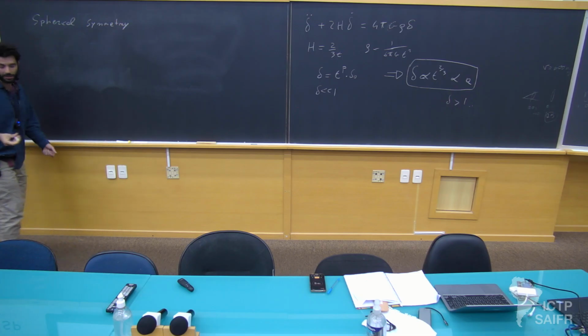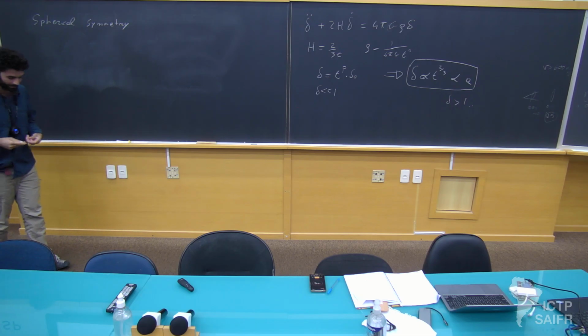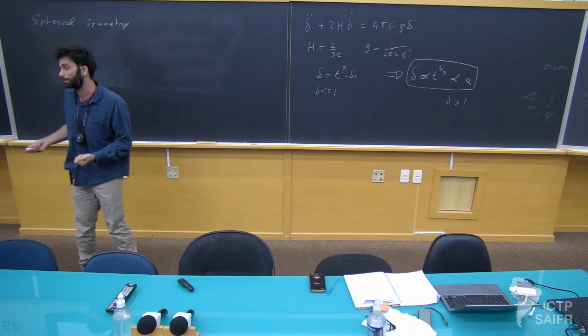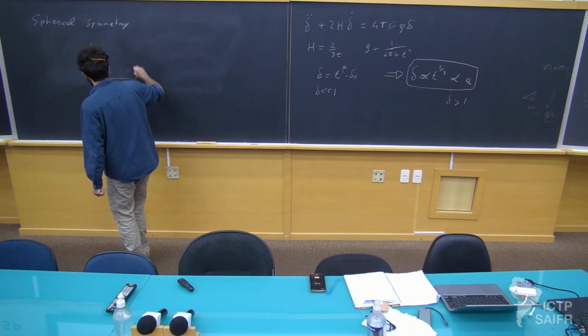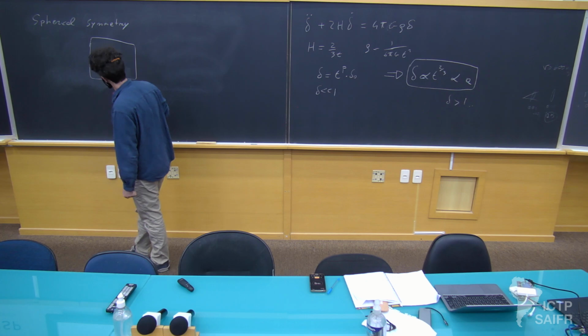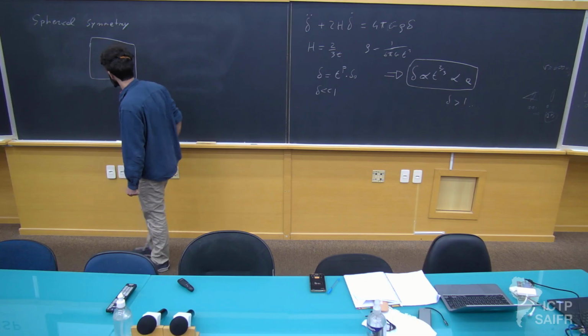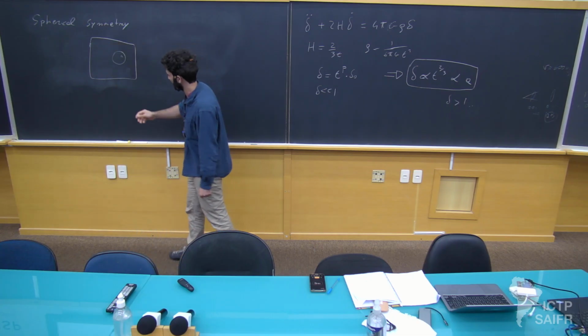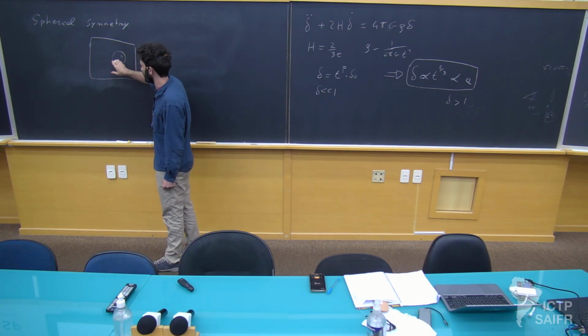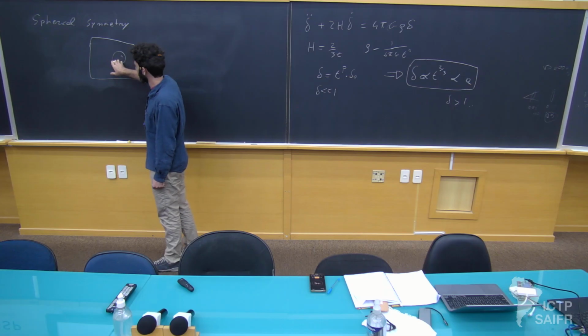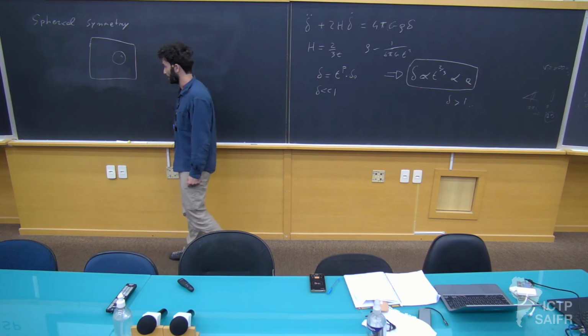And spherical symmetry is exactly, as the name suggests, the basic idea of the spherical collapse that says, okay, we have a flat Friedmann universe, but we have a small perturbation which is spherical, of a certain radius r at early times. And we want to describe the evolution of just this system, a small spherical perturbation on a flat background, so without other perturbations.